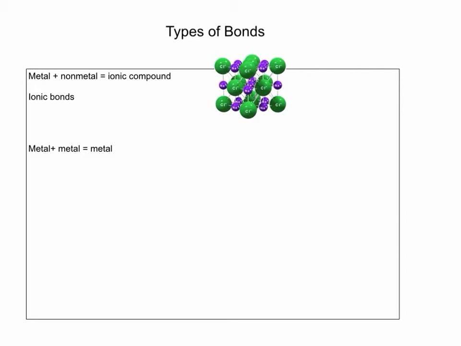So if it's just all copper, it would be copper metal, or an alloy. And an alloy is a mixture of different types of metal atoms. And these metal-metal bonds look very different than ionic bonds.